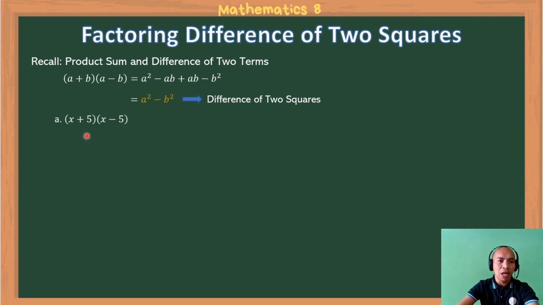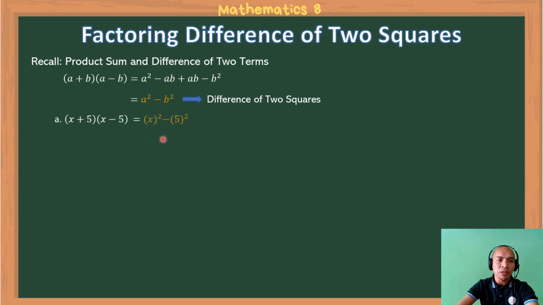So for example, x plus 5 times x minus 5. In order to get this product, we may not need the FOIL method. All you have to do is follow the pattern. The answer, if you multiply, is only two terms: the first term is the square of the first term of the binomial, then minus, always minus, then the square of the second term.